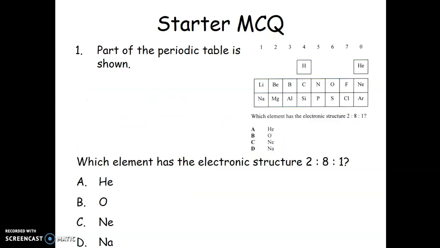So to start with, there are some questions you can have a go at, so if you want to pause the video and have a go at these, we will go through them in a moment. I'm just going to click through the slides, then I will go through the answers, but obviously as you watch the video you can pause it and have a go at each question individually. So there is question 1, based on the information on the screen.